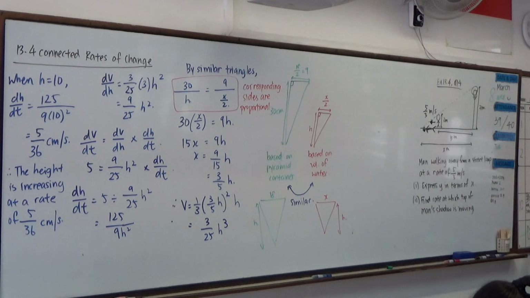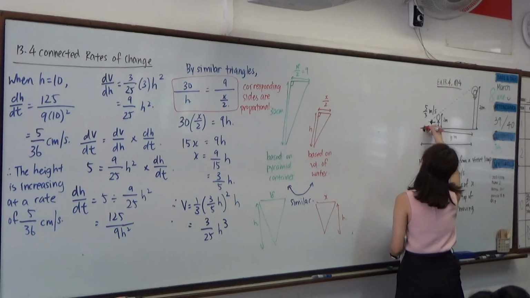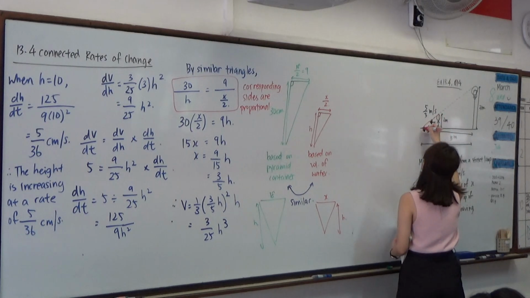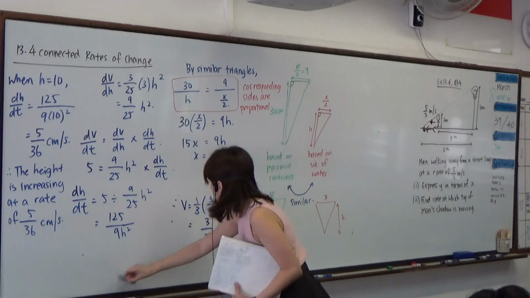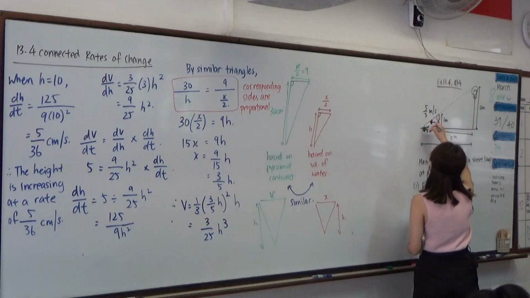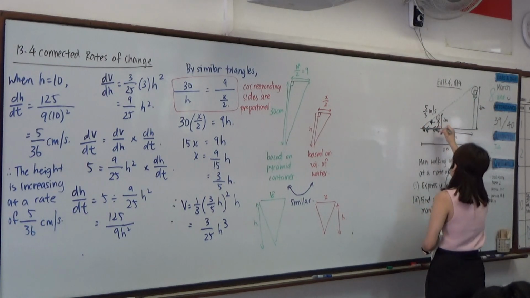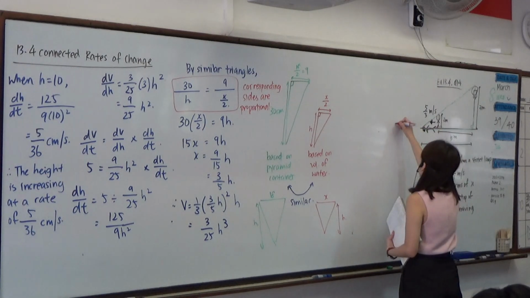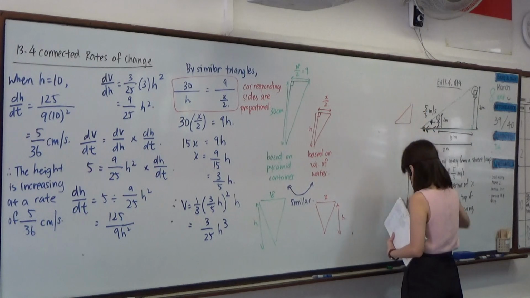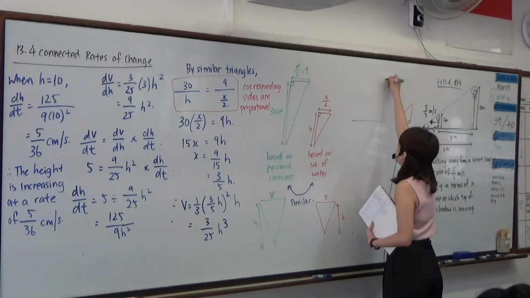We need to first identify some similar triangles. One pair of similar triangles that you can identify is a right angle triangle, this one over here, versus the big one, from the top of the shadow all the way to the lamp and then up and down. So we have a small one and also a big one.